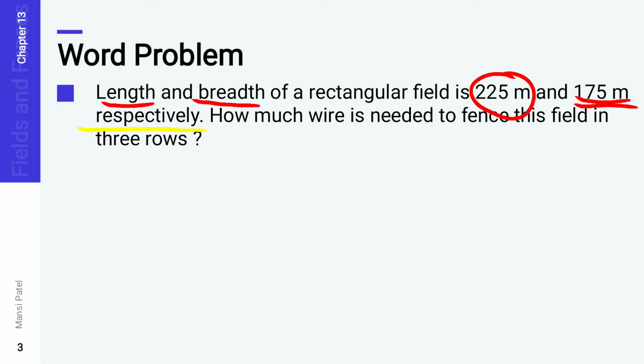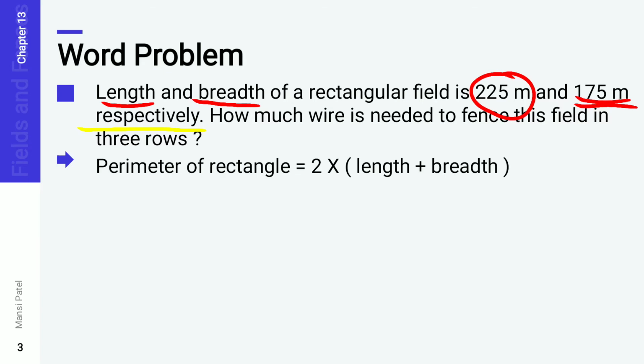Now how much wire is needed to fence this field in 3 rows? In this they want to make 3 rows. So how much wire is needed? First we have to find the perimeter of the rectangle. So write down the formula: the perimeter of rectangle is equal to 2 multiplied by length plus breadth.